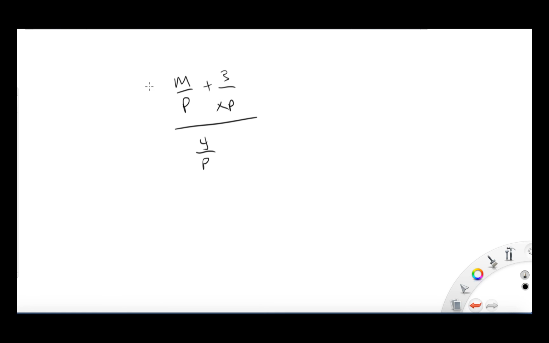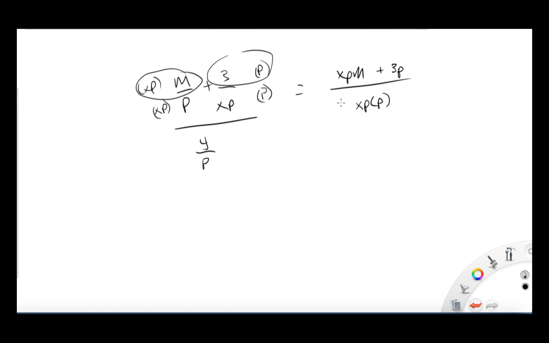Okay, makes more sense. So we have xp here, xp here, we have p over here, which equals x squared xpm right here plus 3p right here, and then we have xp to the p on the bottom, and then we're going to multiply the y over p, or p over y, excuse me.